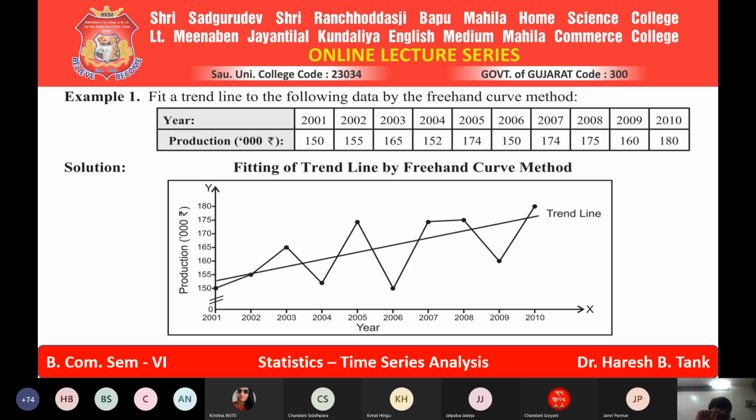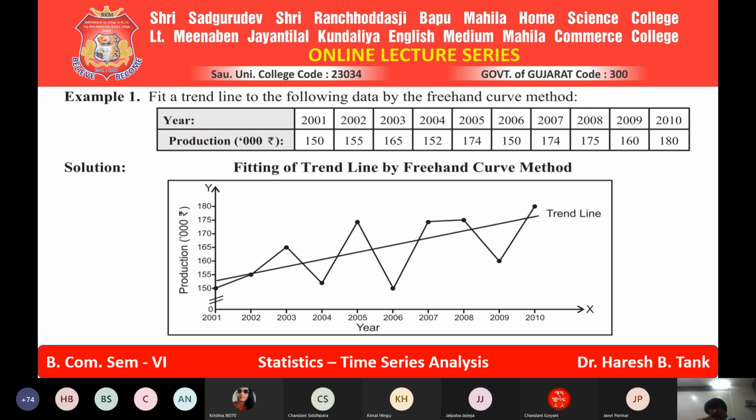Put a dot mark there. Fine. 2002 is naturally the next point. 2002, put a point against 155. 2003, put a point at 165. 2004, put a point at 152. Similarly, plot all the points.